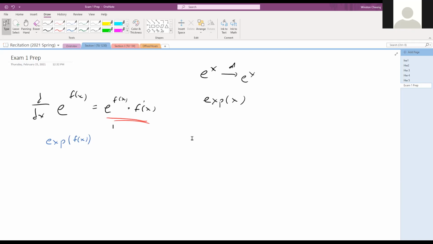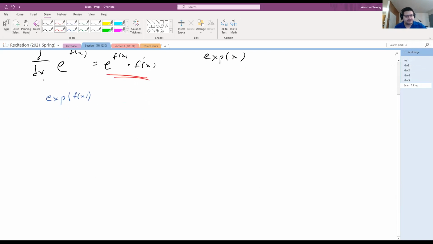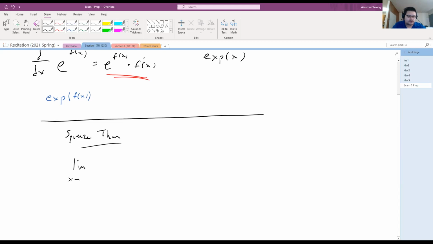And my second question is, would you go over the squeeze theorem? Squeeze theorem. Yeah, sure. How do we want to do that? I could probably find it, or I could just write it. Right. So the idea of squeeze theorem is that you want, how do I put this? Squeeze theorem is used to solve some kind of limit.